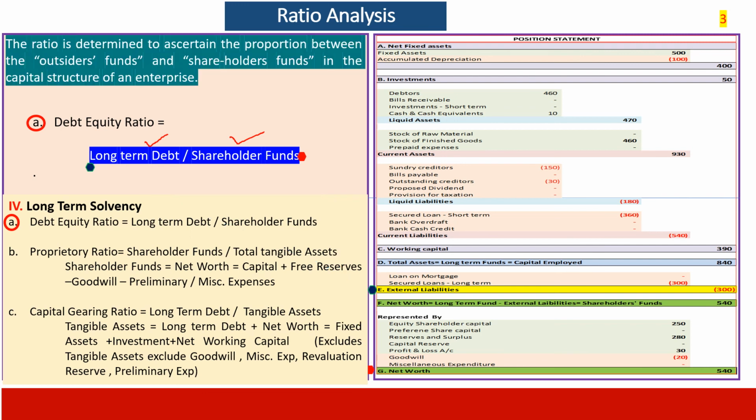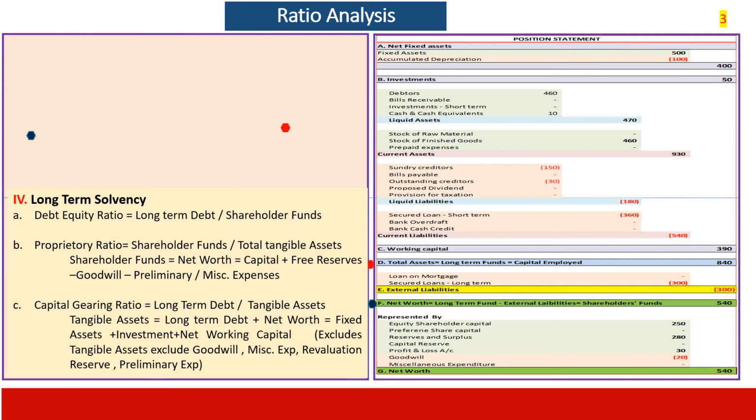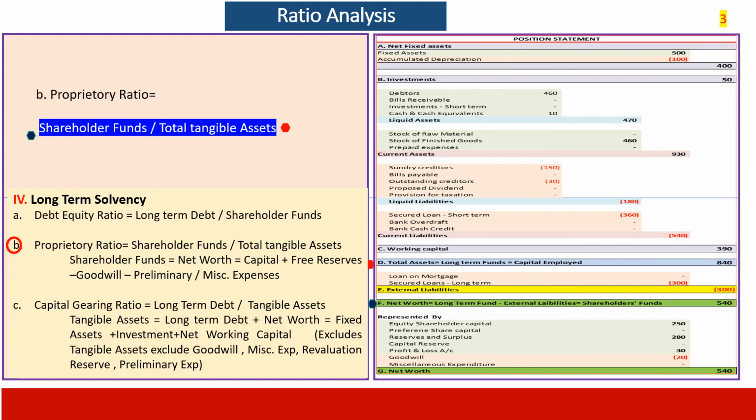And what does it indicate? It is the proportion between outsiders funds and shareholders funds in the capital structure of the company. It talks of promoters holding versus borrowings. That decides the control over the company. The next ratio is the proprietary ratio.